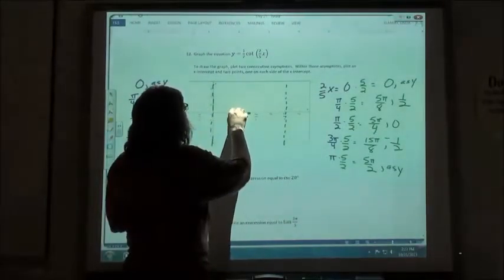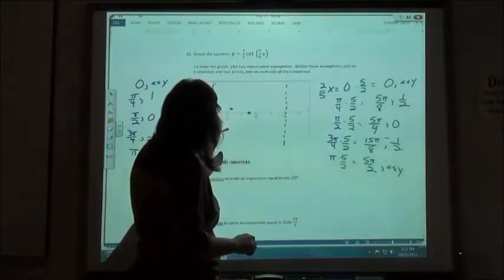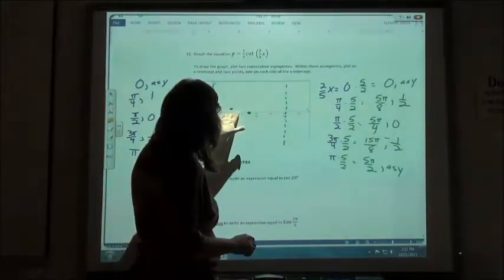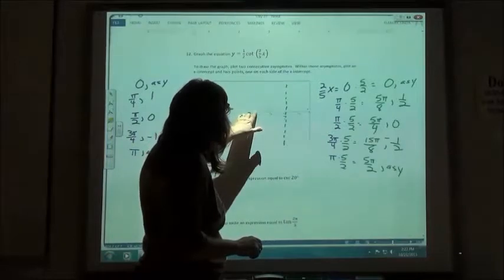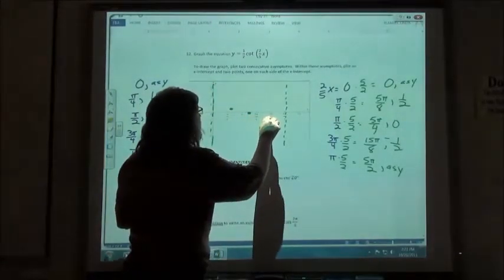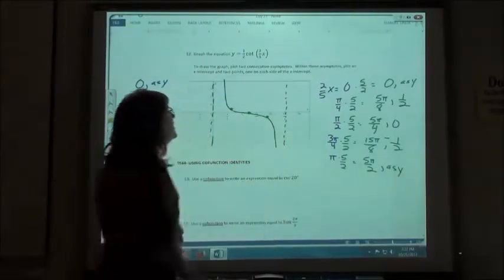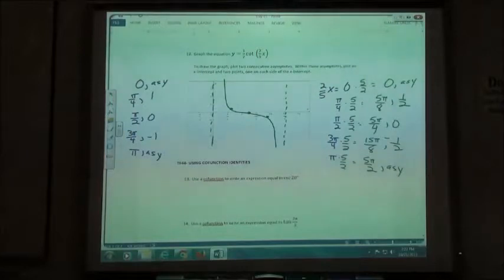I'm up to 1/2. And then I'm at 15/8. 1, 2, 3, 4, 5, 6, 7, 8, 9, 10, 11, 12, 13, 14, 15. I'm down to negative 1/2. And my cotangent curve is going to look something sort of like that.